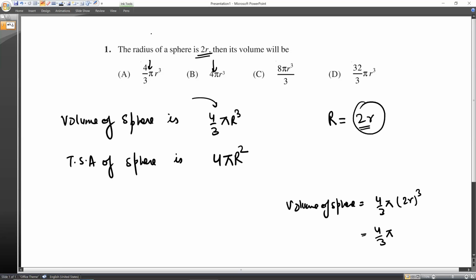Tell me, Elvina. 8r cube. Okay. Because 2r into 2r into 2r you will get 8r cube. Now, what you are going to do? You have to multiply this one. 8 4s are 32 upon 3, then pi, then r cube. So D is the correct option.